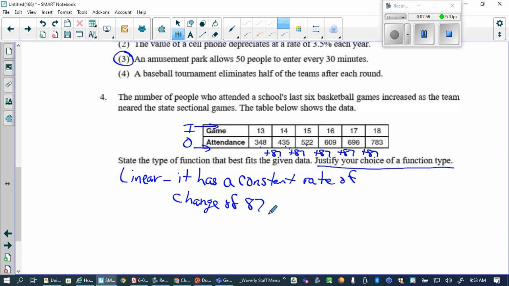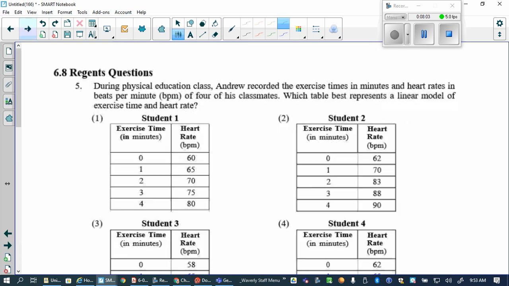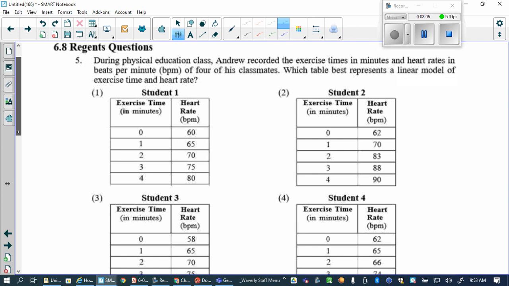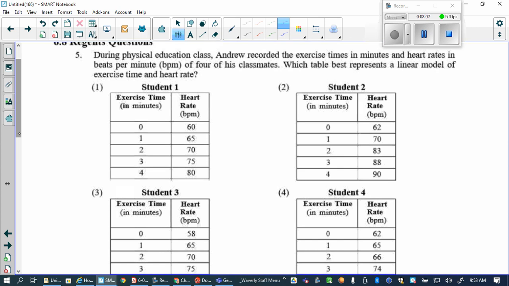On to the next page, number 5. Read the problem first, obviously. I want to know which one represents a linear model.